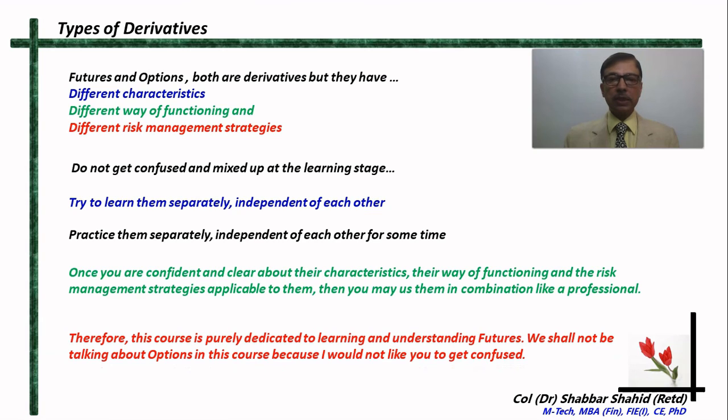And therefore, during this course, we shall not be talking about options. This course is purely dedicated to learning and understanding futures. I would not like you to get confused, and therefore I have not included options in this course. Alright?